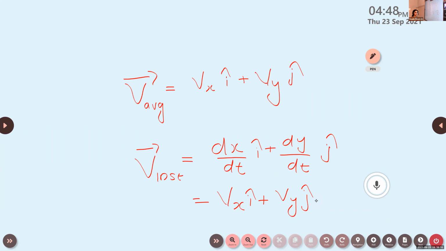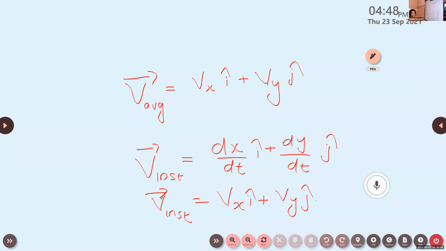So instantaneous velocity can also be calculated by taking the derivative of the position vector along the x-axis and along the y-axis. So the instantaneous velocity vector is equal to Vx i cap plus Vy j cap.